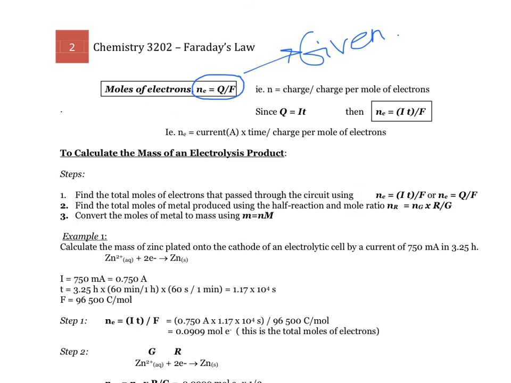Therefore, in this lesson, we've been introduced to 2 different formulas, where the number of moles of electrons is equal to Q divided by F, and Q is equal to I times T. If we were to take I times T and fill it in here for Q, we would also make the formula number of moles is equal to IT divided by F. This formula, however, is not given. However, you can very easily derive it from the 2 given formulas. Or, with enough practice, it's something that will be easily remembered.